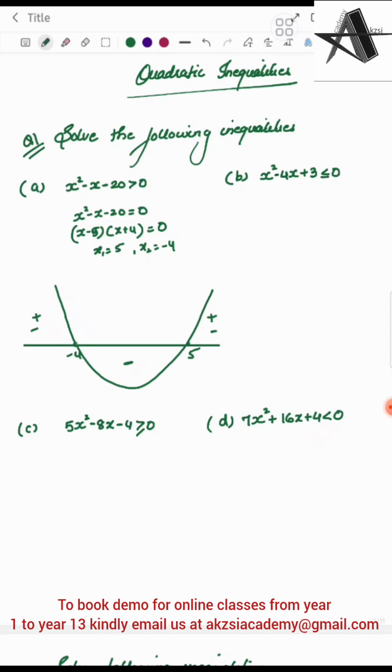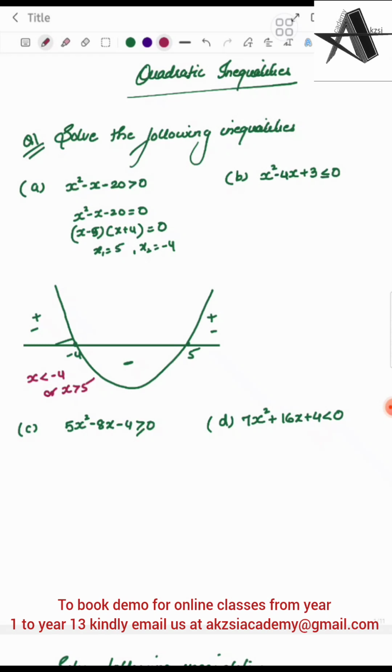So my answer will be all the values of x that are lesser than negative 4 and all the values of x that are greater than 5 will be the solution of this inequality. So I can write my final answer: x should be lesser than negative 4 or x should be greater than 5.